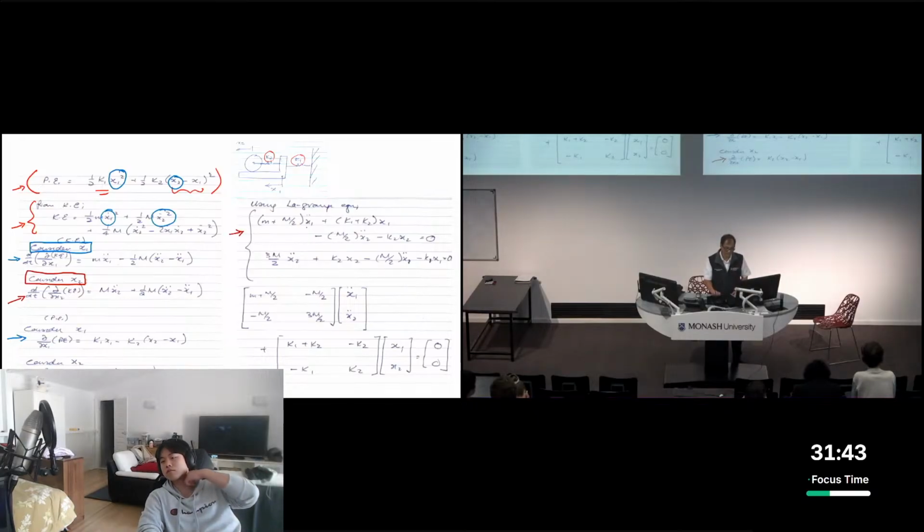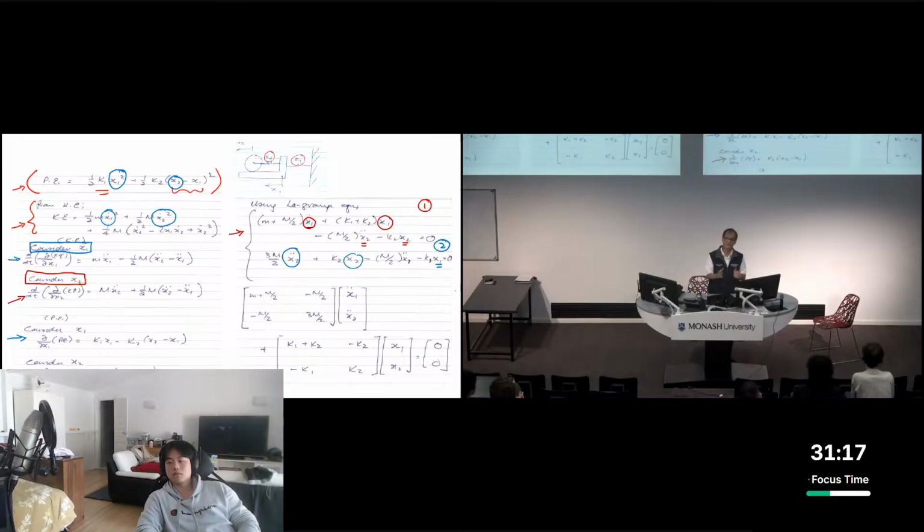Again, if you look at this, you will have x1, even though you're only dealing with the first equation with x1, where you're considering x1, x2 comes into play, which means that the whole system is coupled. Okay, and when you're dealing with the second equation of motion, you were only dealing with x2, but x1 comes into play, which means that the whole system of equations is coupled. So in this case, this thing here will be the equation of motion.